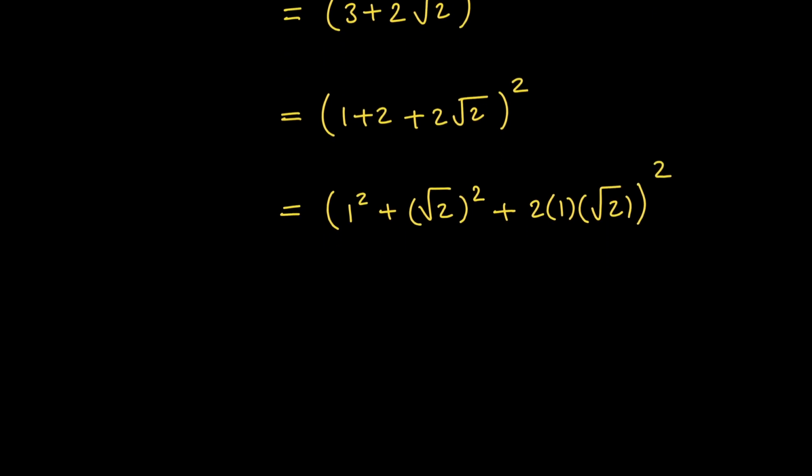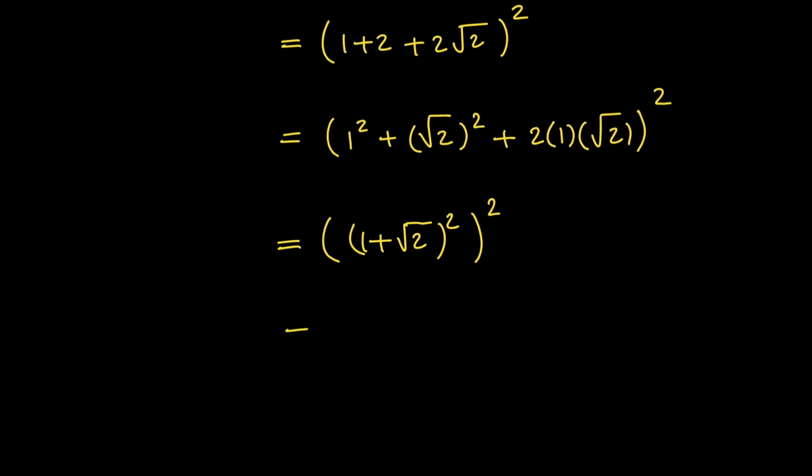Now, again, we have something in the form of a squared plus b squared plus 2ab, so we can replace that with 1 plus the square root of 2 all squared. And notice that this is also squared, which means that we have 1 plus the square root of 2 to the power of 4. Cool.